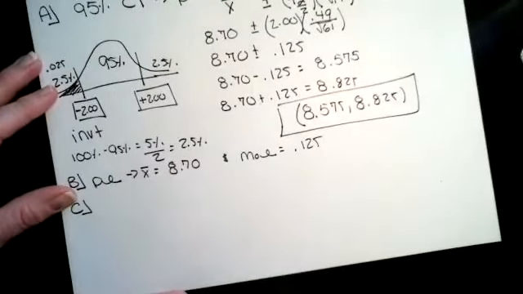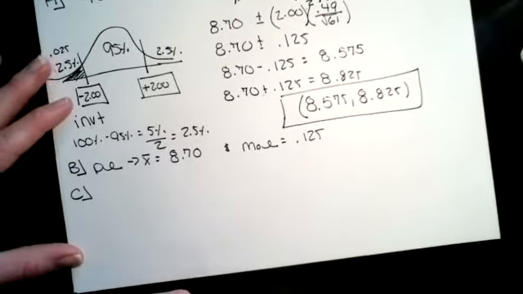Part C says, write a concluding sentence. So I want you to interpret the CI, write the conclusion statement for the CI.